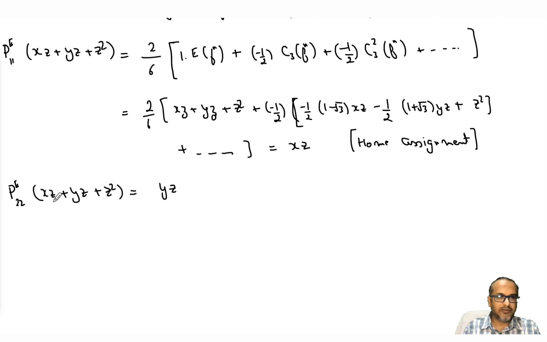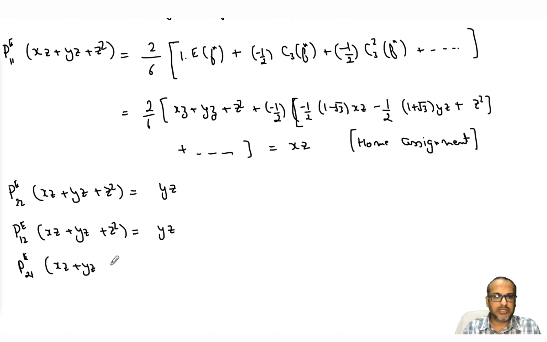So they will also give you the same thing. So P12 E projection operated onto this function gives you yz, and P21 on xz plus yz plus z square gives you xz, right?